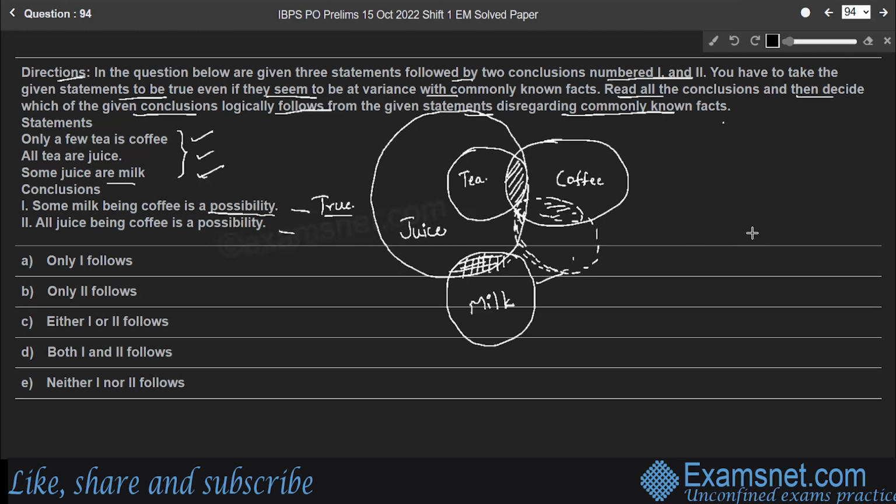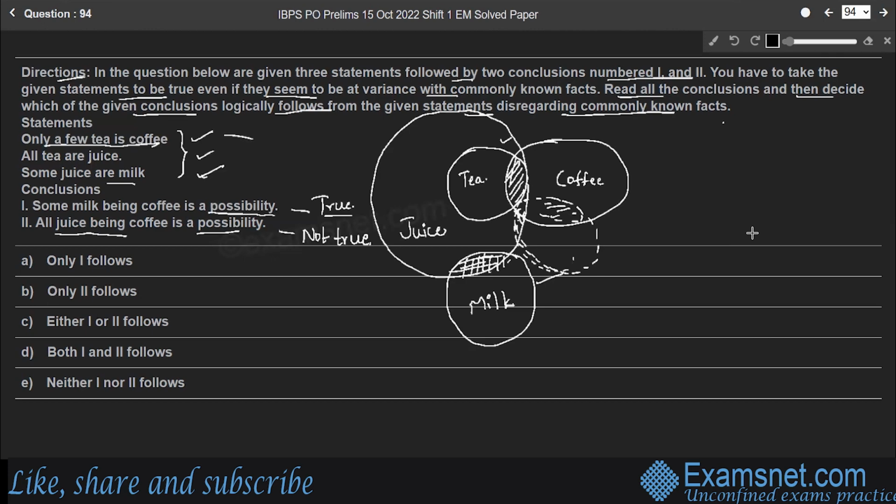And the second one, all juice being coffee is a possibility. All juice being coffee. So it is not true because of the statement, only a few tea is coffee. Since a portion of tea is also a portion of juice because all tea are juice.